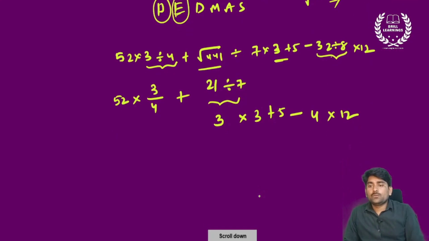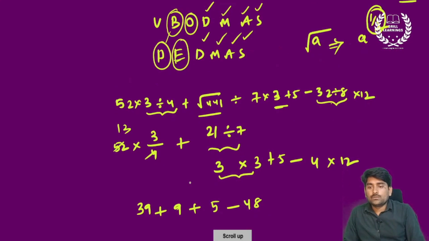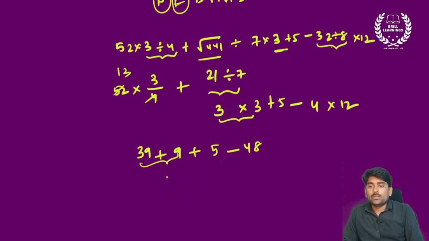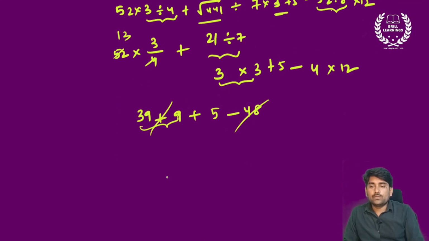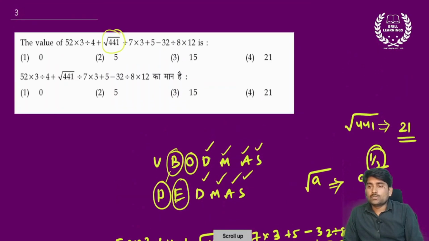Okay, now simplify further. 4 ones are 4, 13. 13 threes are 39 plus 3 threes are 9 here plus 5 here, 48. Okay, so 39 plus 9, 48. Cancel this value, this value. So we are left with 5. So the answer is 5.